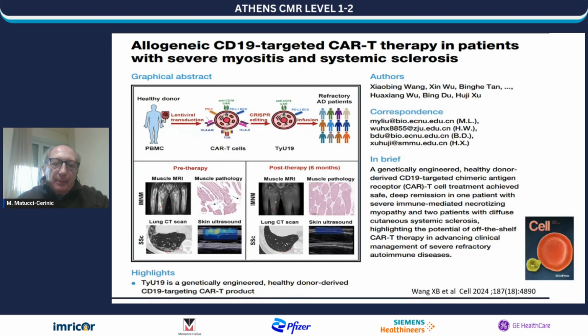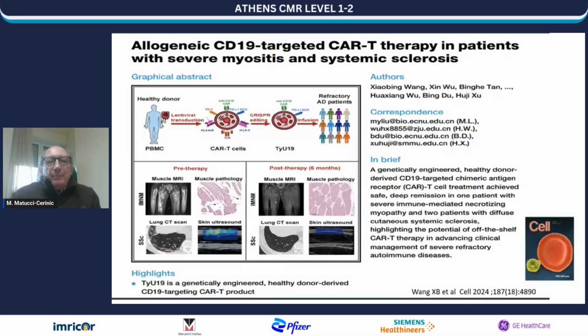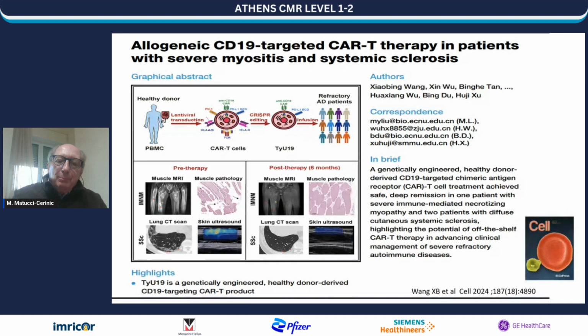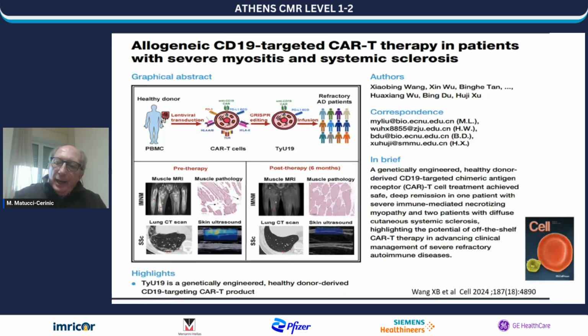I just present here the fact that the allogeneic CD19 targeted CAR-T therapy is very useful in severe myositis and in systemic sclerosis. So we know that this kind of treatment is very useful, but a hidden cancer that is not investigated and discovered may create really a lot of problems.